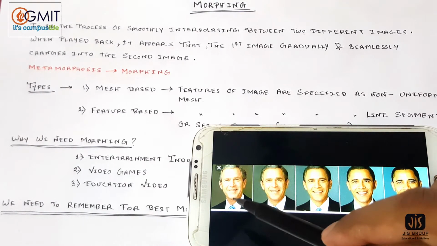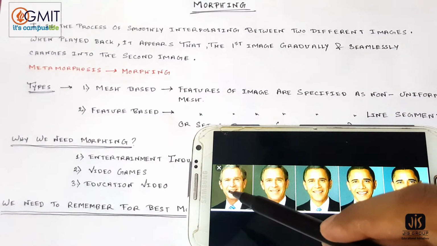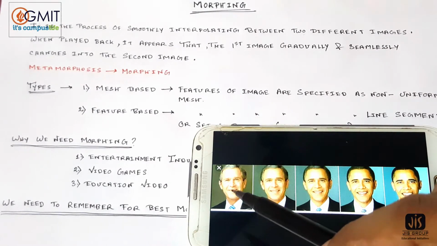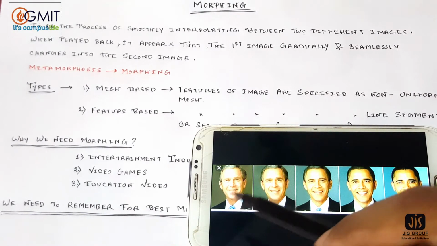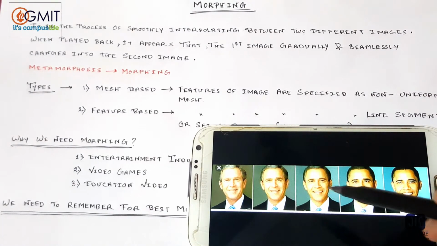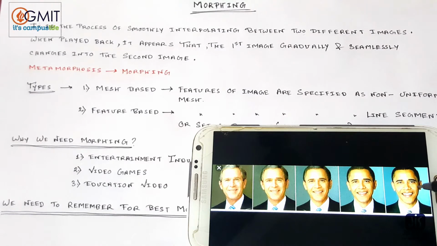So this is my keyframe. I will discuss in my next lecture series what keyframing is, but this is my first keyframe. This is my middle frame, and then we reach the final. So this is a good example of morphing.